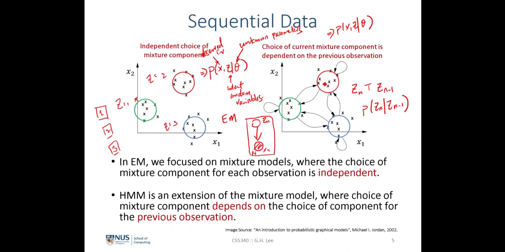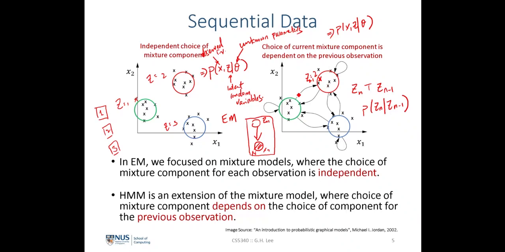Suppose the previous observed random variable is drawn to be this sample over here, and it takes a class of z equals 2, and this is Zn minus 1 in the previous time step. This means the observed sample is drawn from cluster 2 over here.